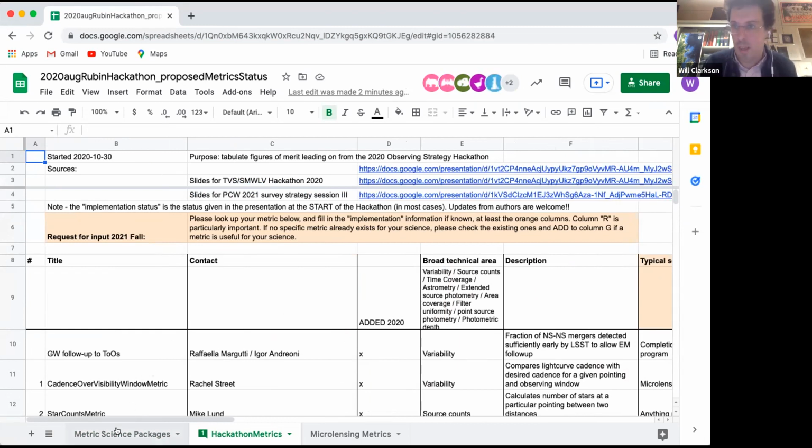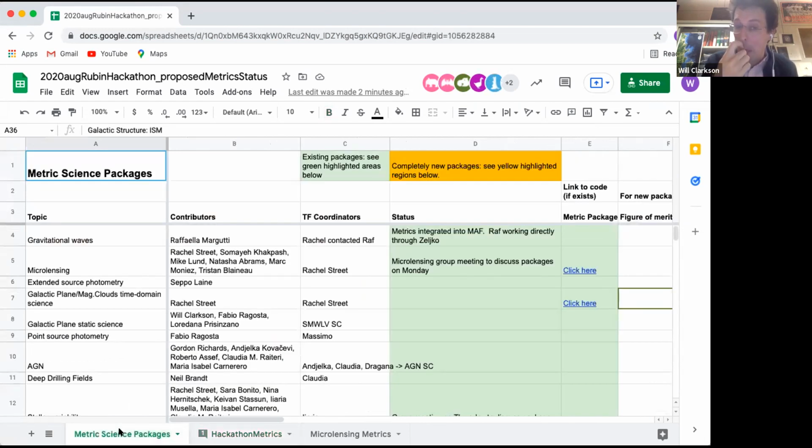So actually, I think a better tab to use, the one I recommend, is this metric packages tab. That basically gathers together by science case the metrics or combinations of metrics that people have identified to develop their science for comparing against OpSIMs.